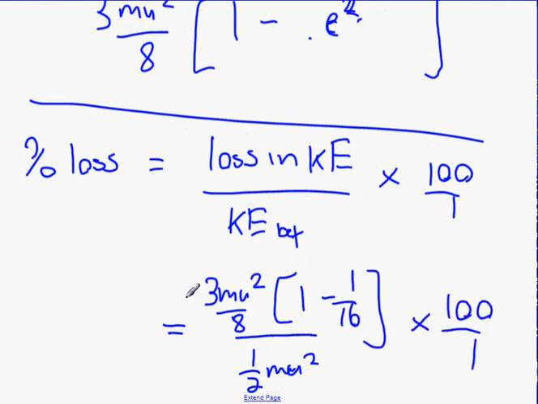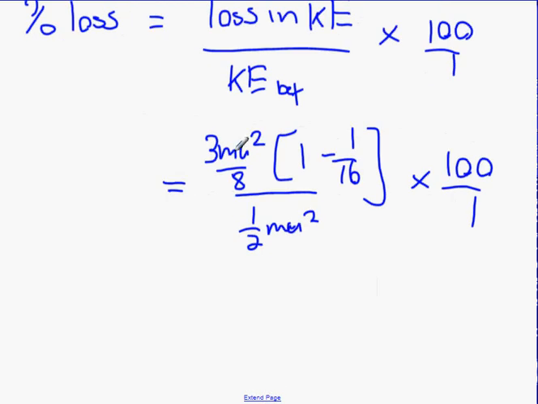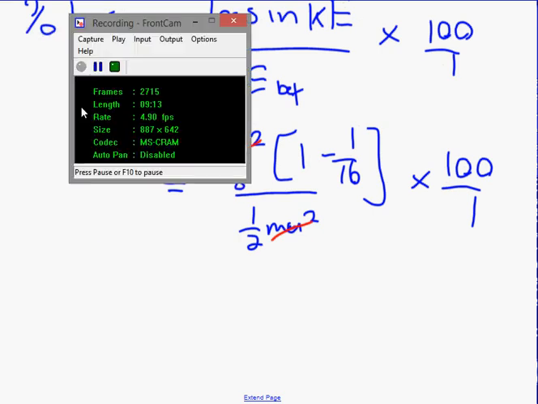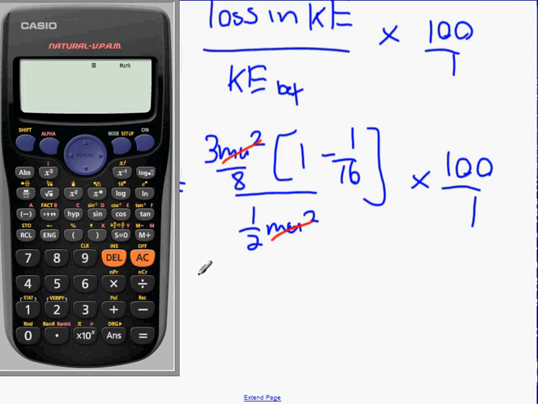Now guys, you're going to be really lazy about this. You're not going to spend all day doing fraction upon fraction here. Just get rid of your mu squareds and go straight to the calculator. So what we're going to do is like this. Enter fraction button, start, fraction button again, 3/8.